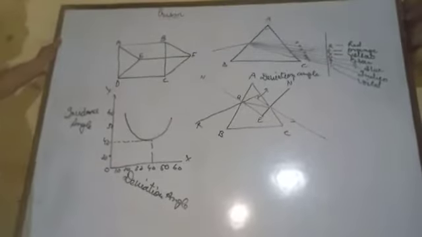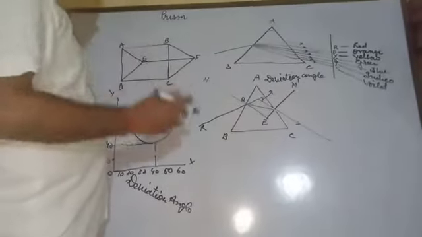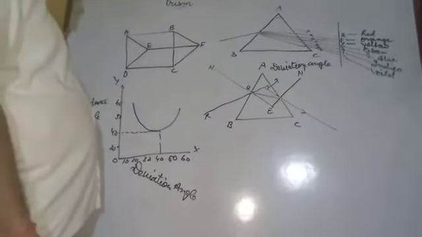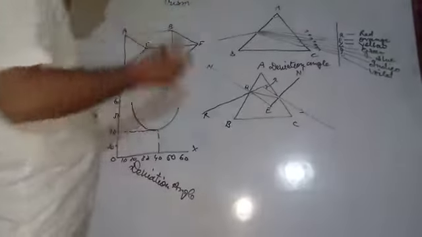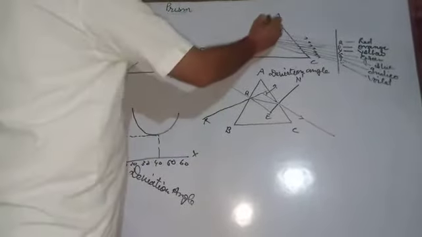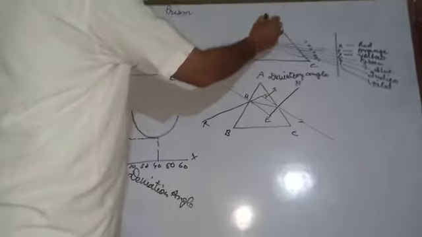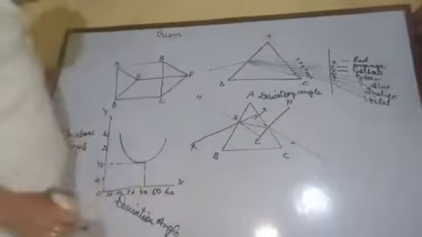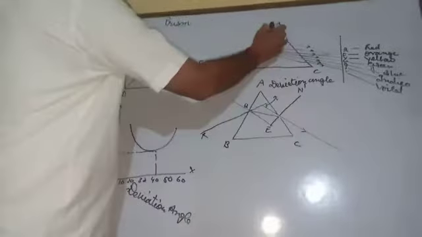A prism is a homogeneous and transparent medium in which two reflecting surfaces are inclined with an angle.